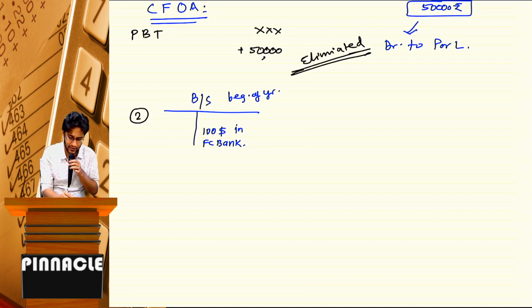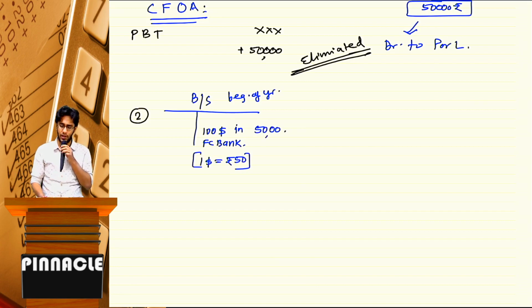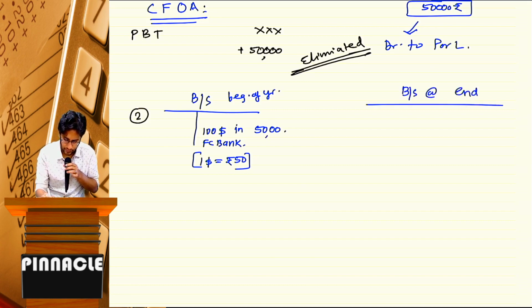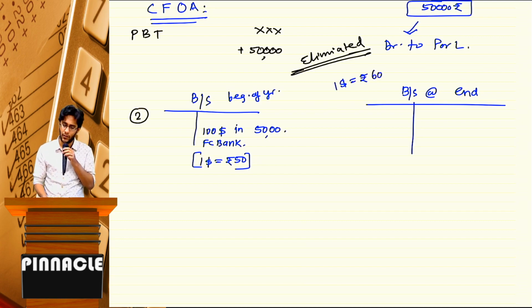When I invested, the dollar rate was 50, so I represented this at 5,000 in my books. First day, fair enough. Come to the balance sheet at the end of the year, where the exchange rate became 60.